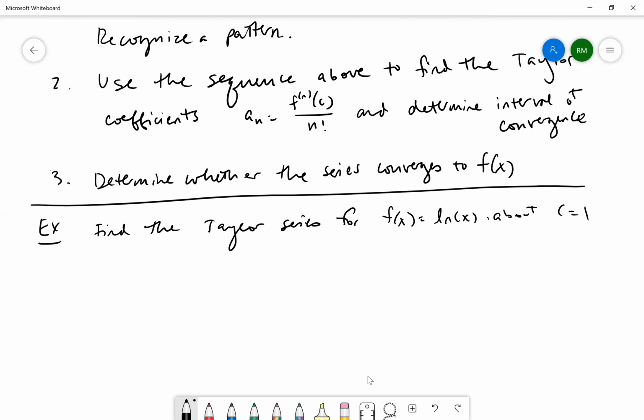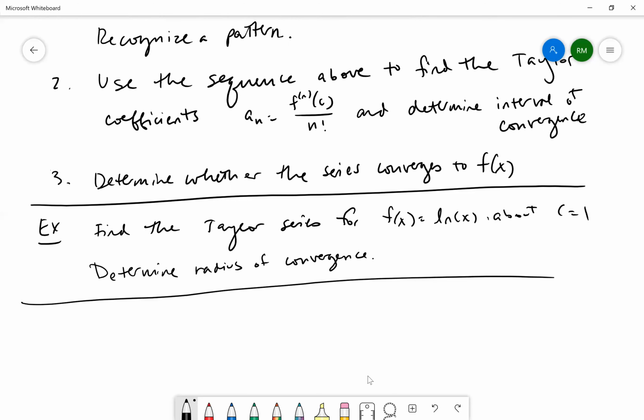And from that Taylor series, I want you to determine the radius of convergence. All right, so let's move on. Now, I want you to do that in your notes.